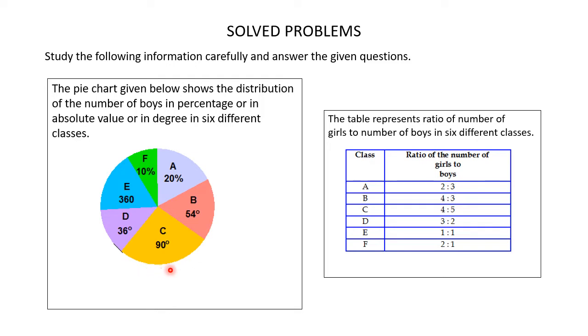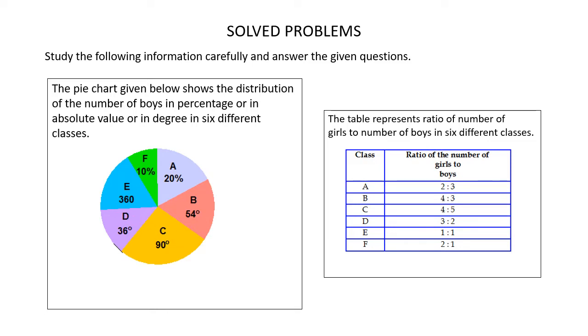So this pie chart shows the distribution of the number of boys in 6 different classes A, B, C, D, E and F. And the number of boys is given in the form of percentage for class A and for class F. And the number of boys is given in the form of absolute value for class E. The number of boys is given in the form of degrees for class B, class C and class D.